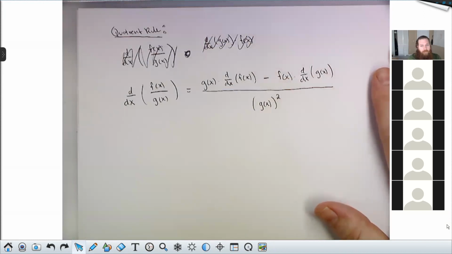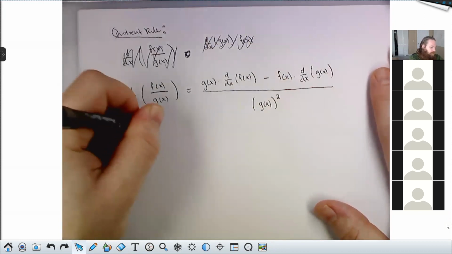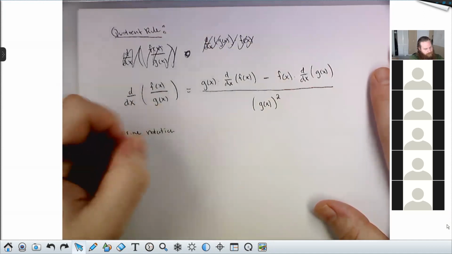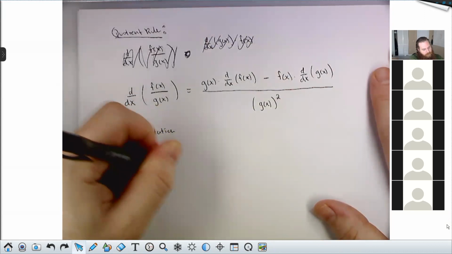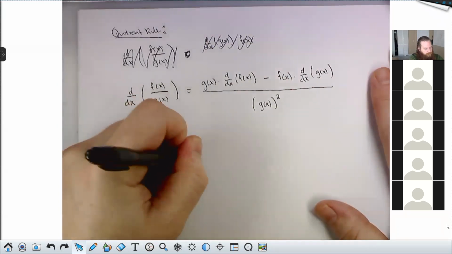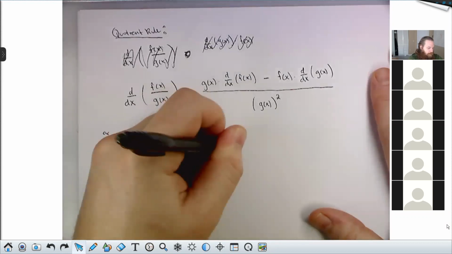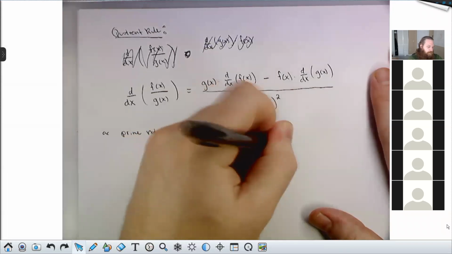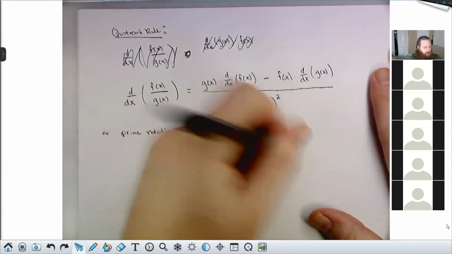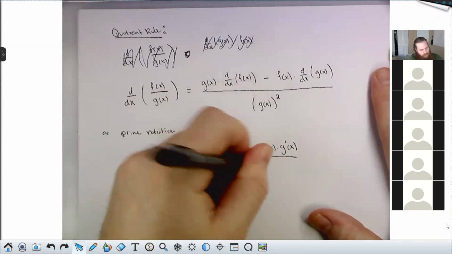In the Leibniz notation, it looks pretty intimidating. It looks nicer in prime notation, but still pretty bad. It says that f of x over g of x all primed is the bottom g times f primed, minus the top f times g primed, all divided by g squared.